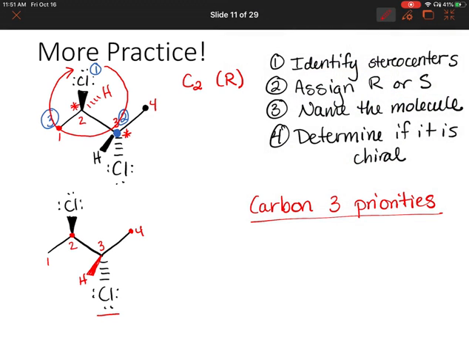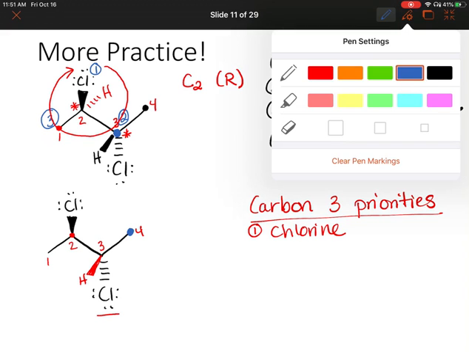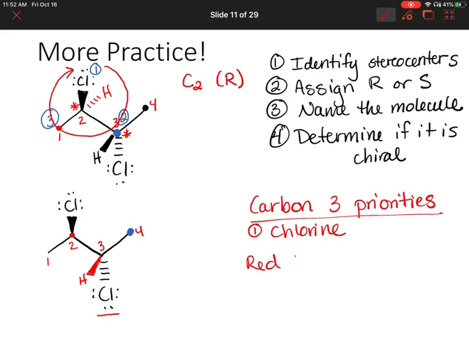Okay, so what would have first priority, chlorine, carbon, or hydrogen? Chlorine. So this is going to look pretty similar to what we did before. Okay, next we have carbon, but we have two carbons. So let's label one of them as blue. I'll label carbon 4 as blue. And now it's a competition between the red carbon and the blue carbon.